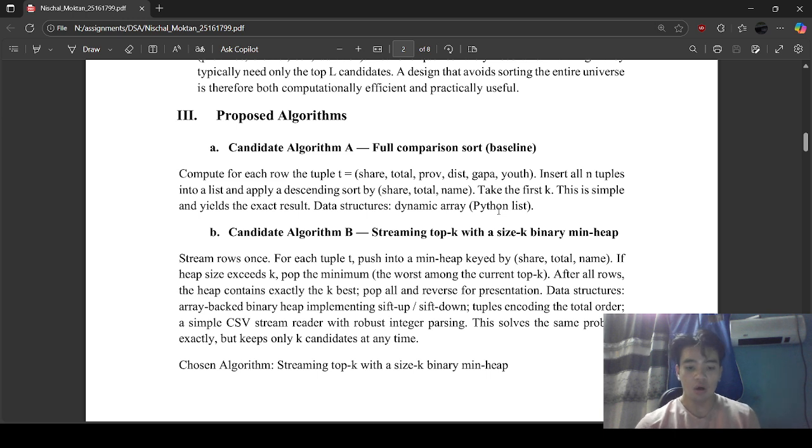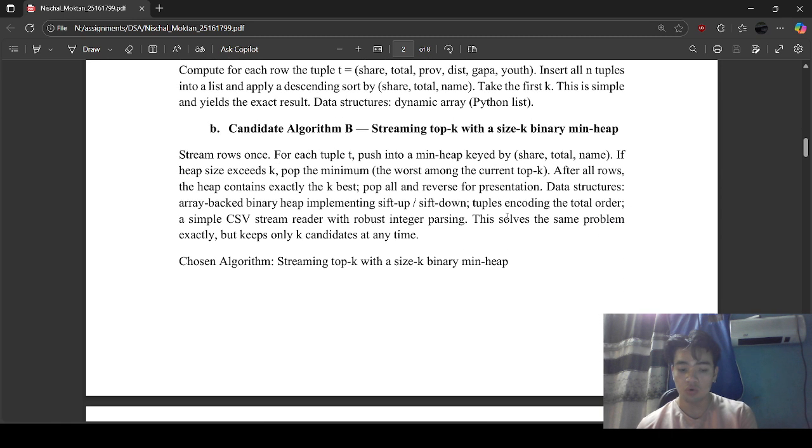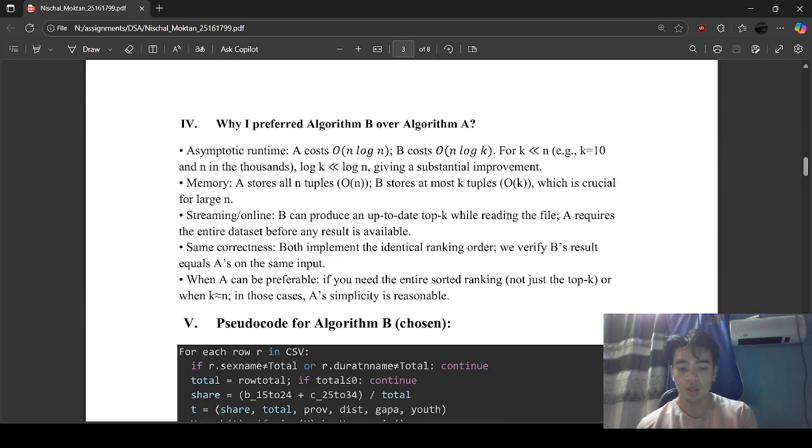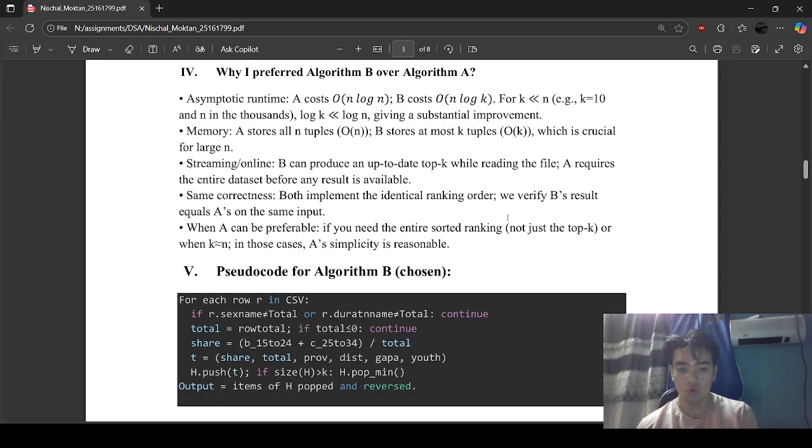Algorithm B, each heap push or pop is O(log k). We process n rows once, so total time is O(n log k), and space is O(k).